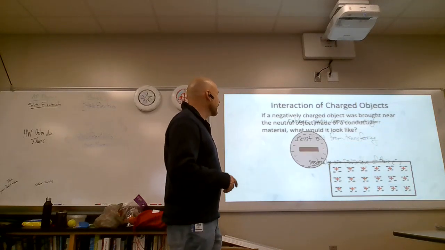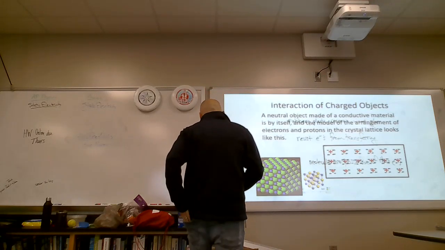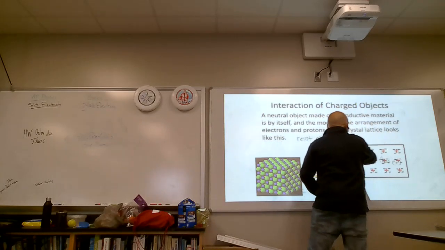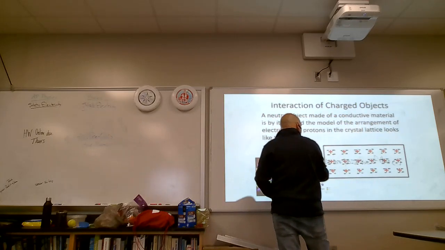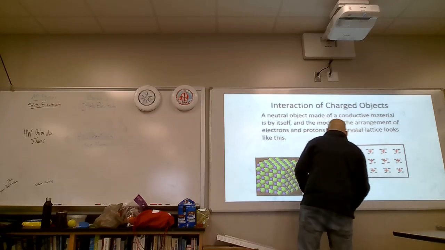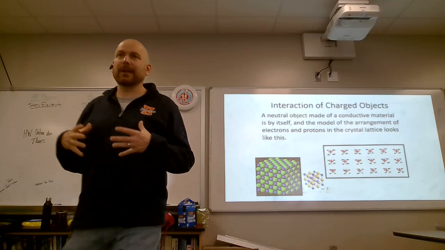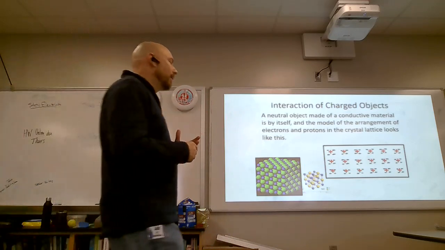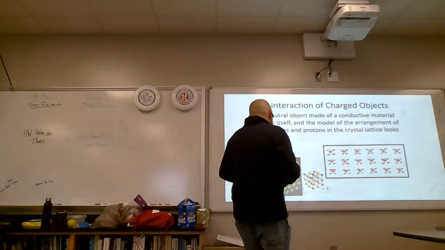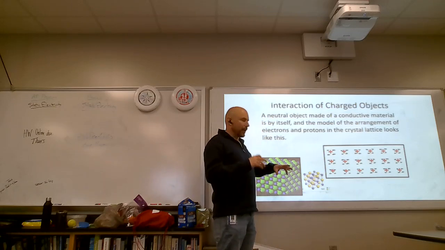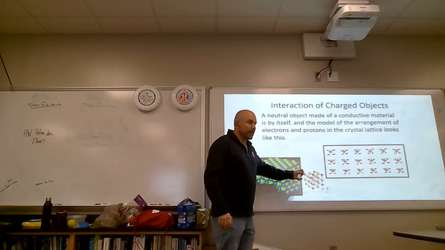All right, good with that. Crystal lattice is a term that we use for how the molecules in a material or an object arrange themselves, how they stack together. If you type crystal lattice on the internet and look at images, you get things like this.